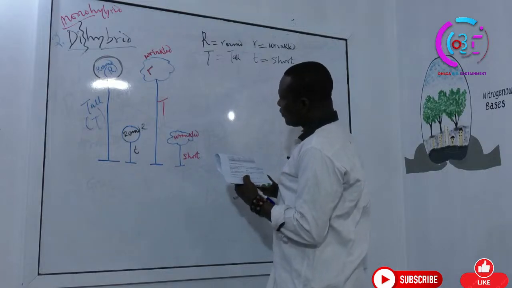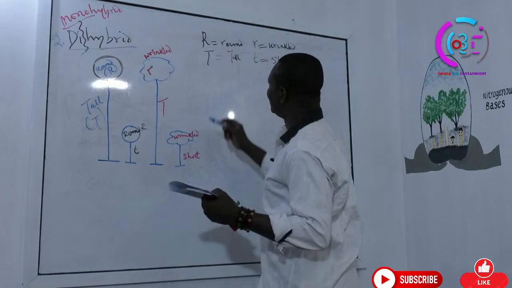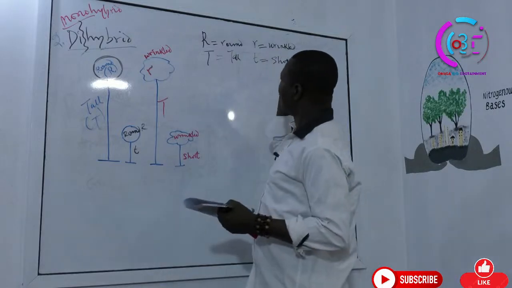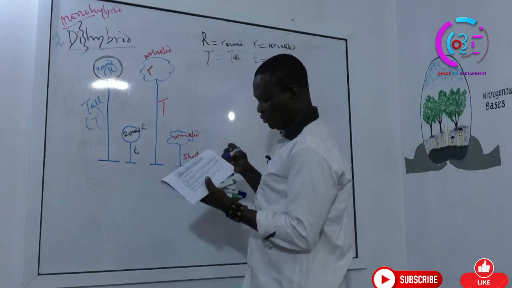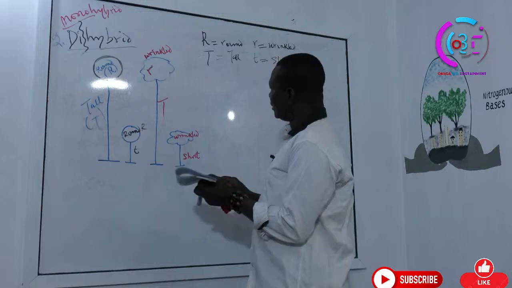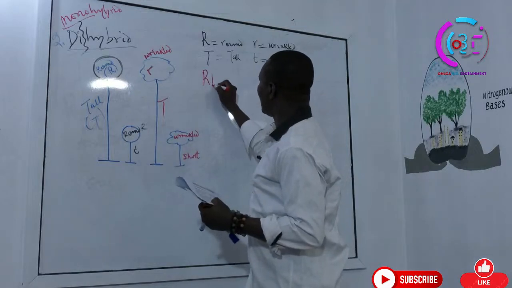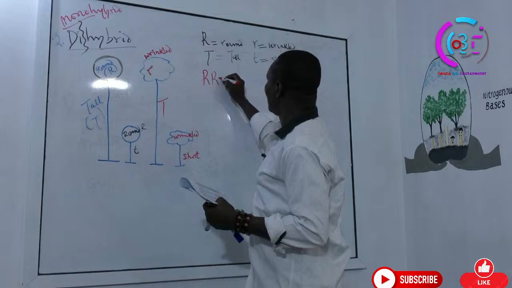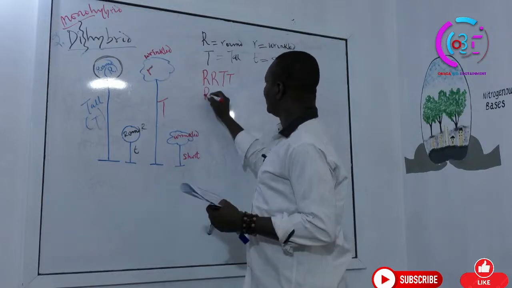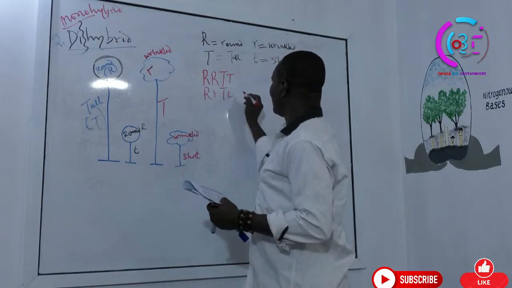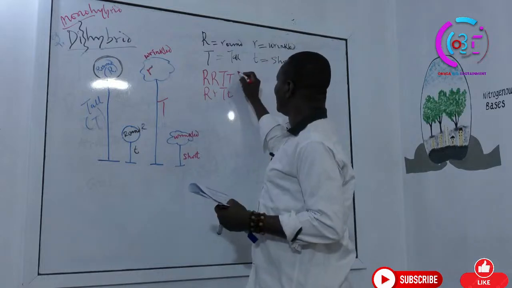So if we now want to represent the genotype, don't forget that I said these traits will exist in pairs. It can be capital R, capital R, or it can be like this.